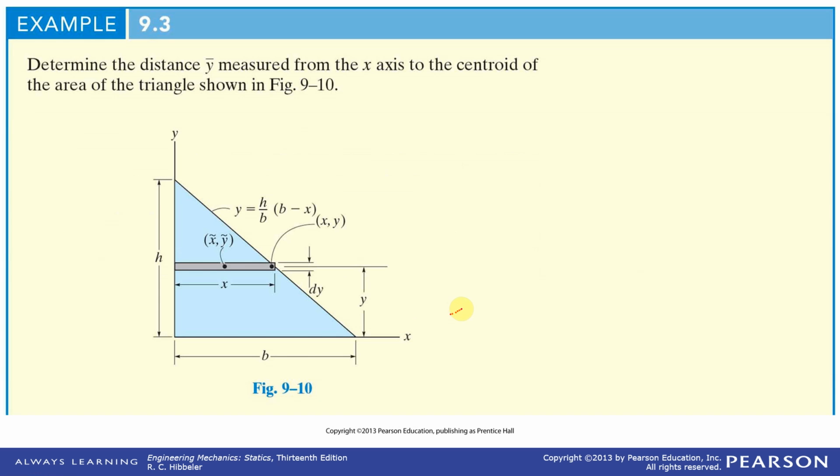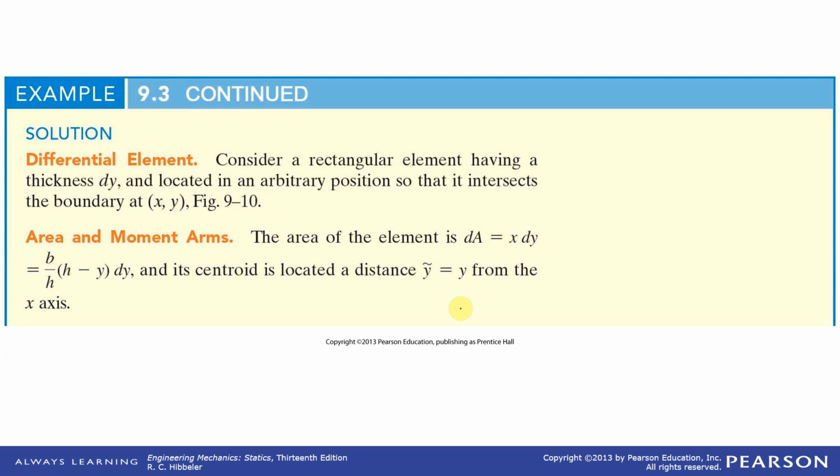So we have y equals h over b times b minus x. Sometimes you got to do a little algebra to convince yourself. Y equals h over b times b minus x. So now we have to get this in terms of y.